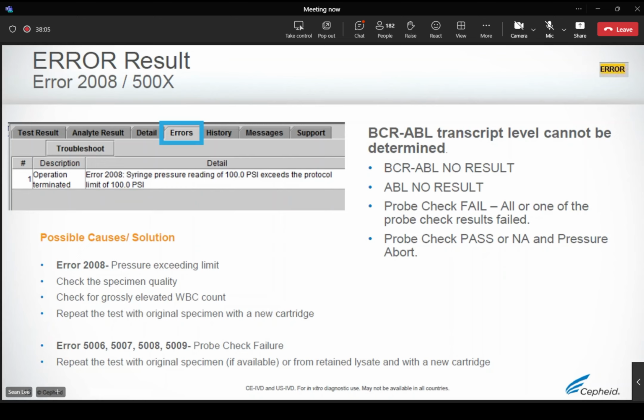When there is a clog in the cartridge, the pressure will definitely go up, and you get this error immediately. If you got this error, it could be due to the cartridge itself, so do report to us if you face this issue. Once you report to us, we will usually request you to repeat again with another cartridge.